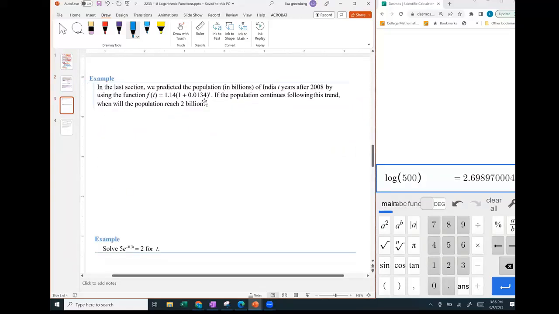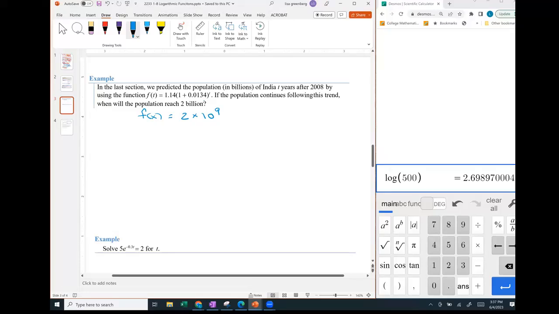So in the last section, we predicted the population in billions of India t years after 2008 by using this function, if you remember. If the population continues this trend, when will the population reach 2 billion? Okay, so now f of x is equal to 2 billion, which we said was 10 to the 9th.